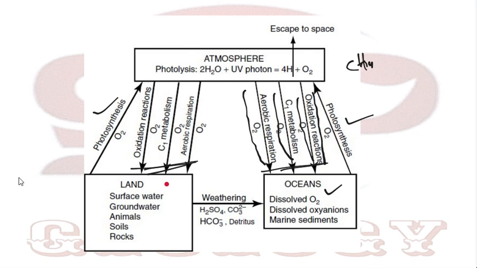But here, that is the process that releases oxygen from the surface to the atmosphere. And there is another, very small process, photolysis. With the help of UV rays, it converts water to O2, which also escapes to the atmosphere.